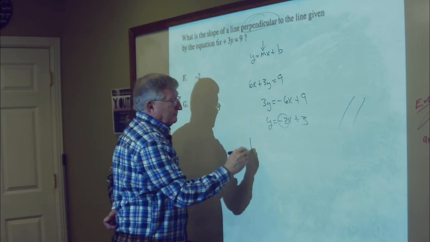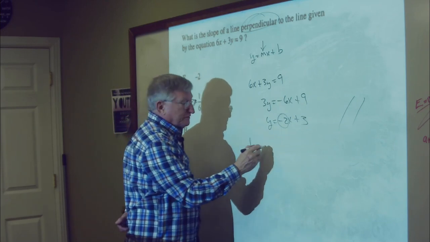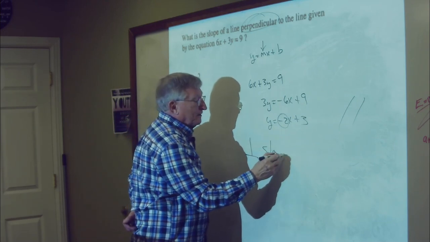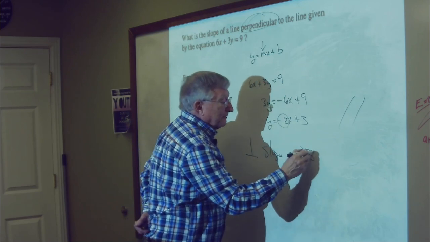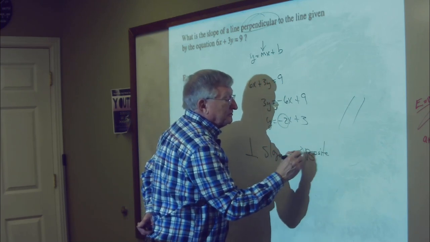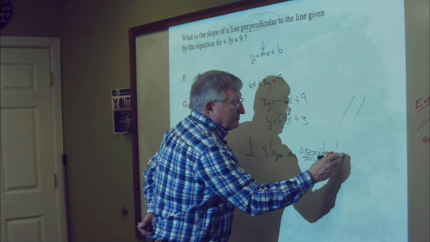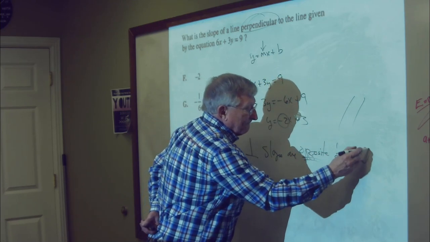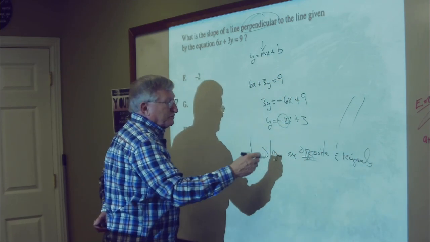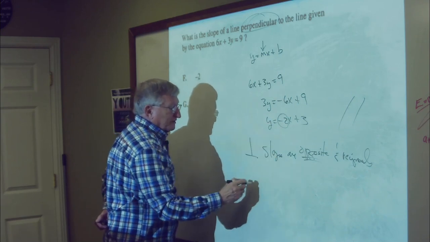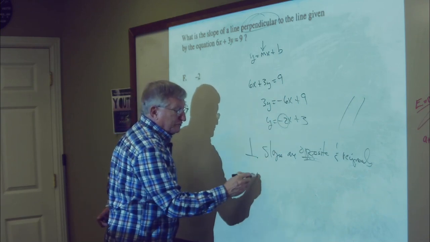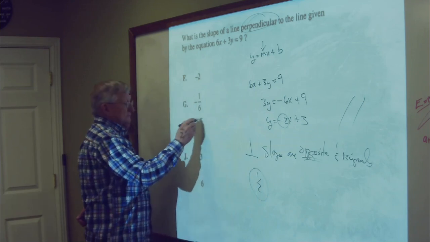Perpendicular means, you've got to remember this, perpendicular slopes are opposite. In other words, if one's positive, the other's negative, and reciprocals. So it's got to be opposite, so it's got to be a positive, and it's got to be the reciprocal of 2, which is a half. And there it is.